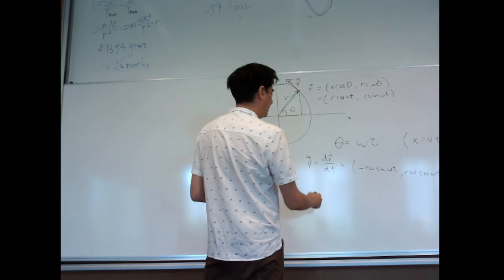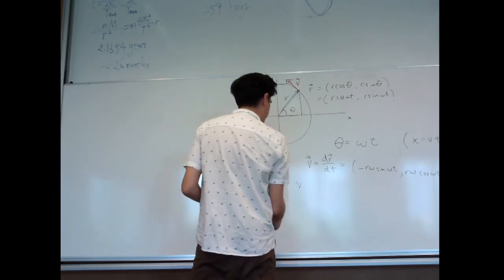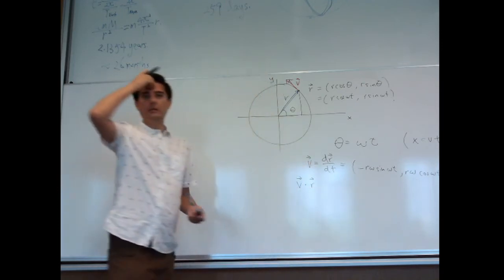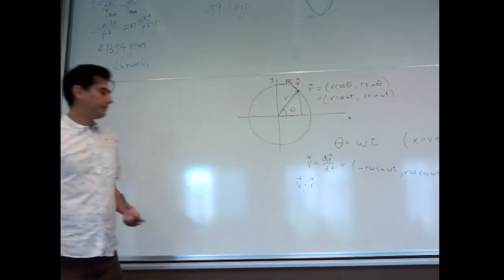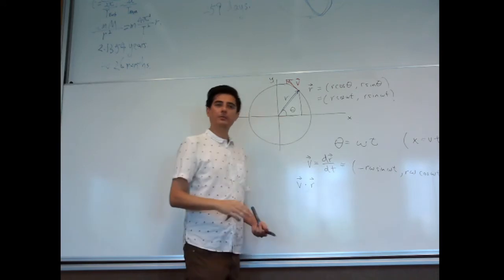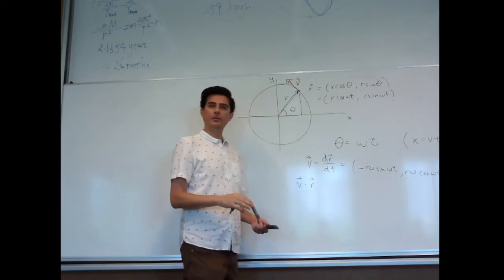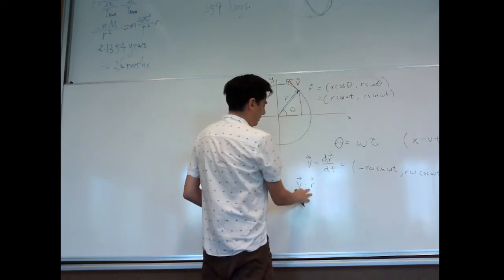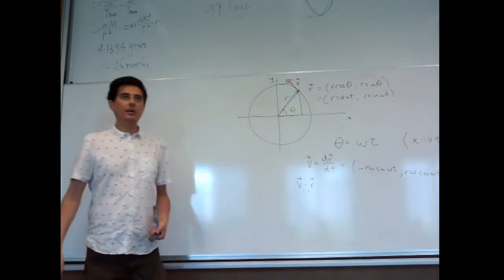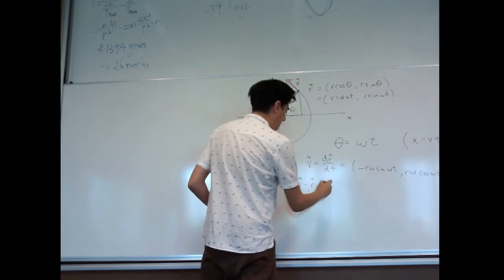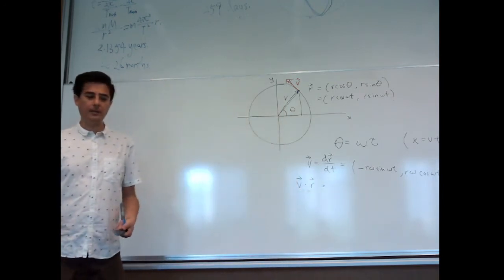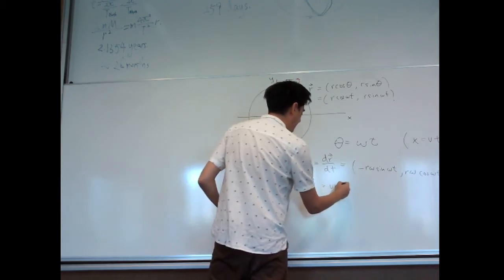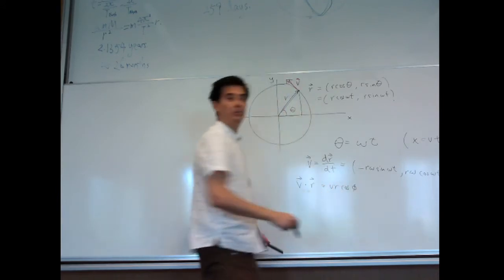So for example, remember that we did the dot product, right? Dot product? What do we call it? Scalar product. Call it scalar product. When we do the scalar product of these two, remember that was equal to the velocity times the radius times the cosine of the angle between them, right?